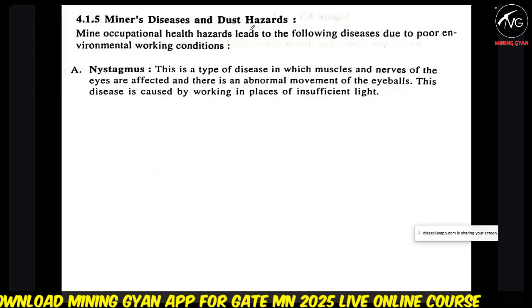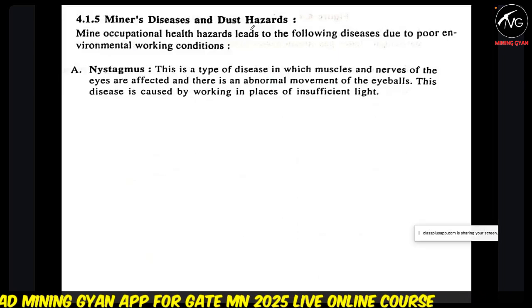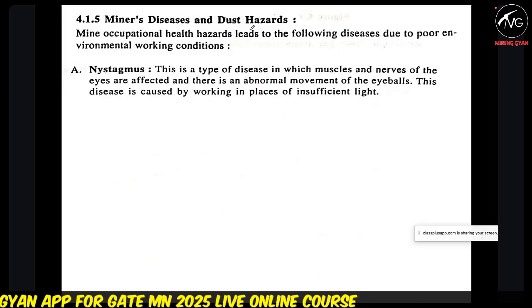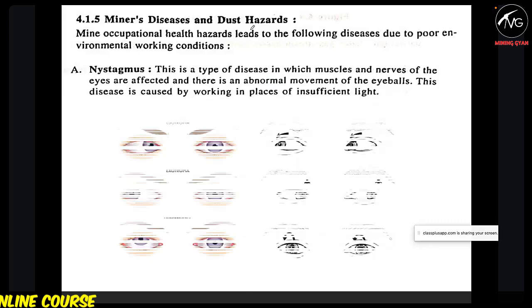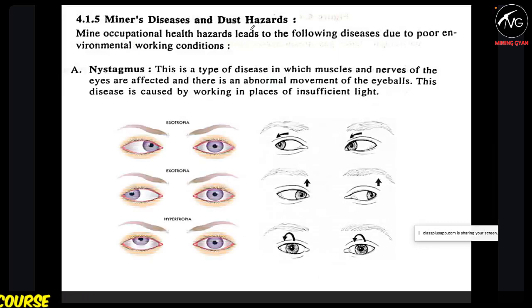That means you should not work in low light. Even studying in low light is not right, and working in low light should not be done either. If you can see the picture, the eyeball is normal for this eye, but here it is horizontally shifted.